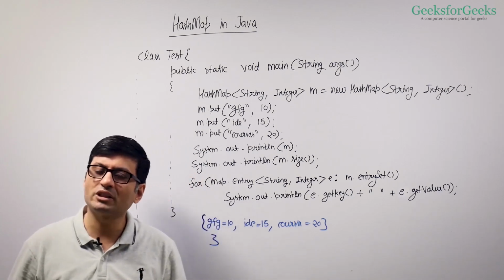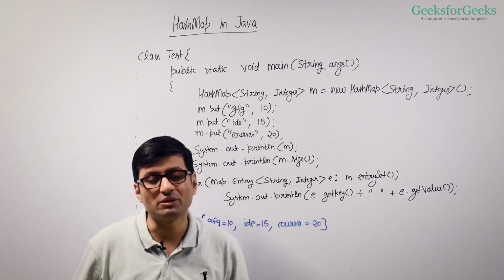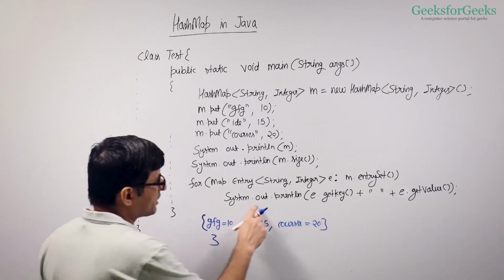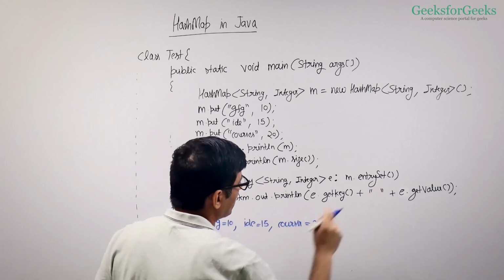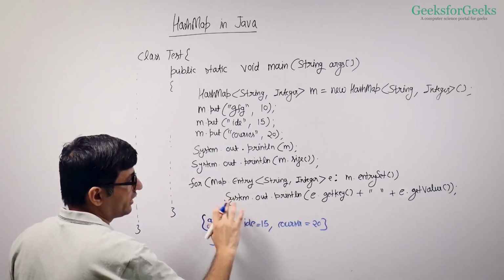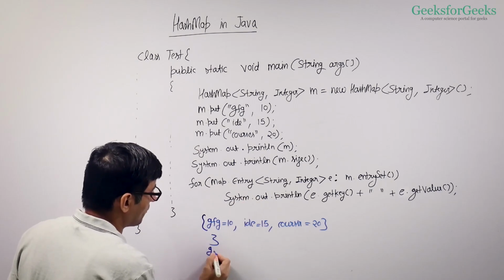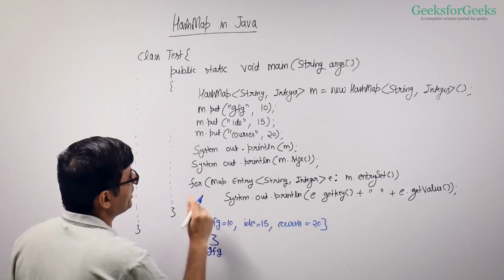Map interface means key value pairs. Set interface means only keys. So this is where we traverse the HashMap and print all the key value pairs one by one. Here I have used it for printing. We can use it for any purpose. Traversal is useful in many places.